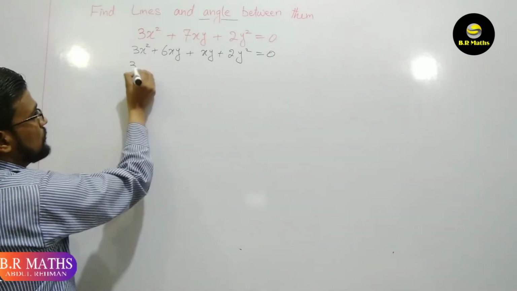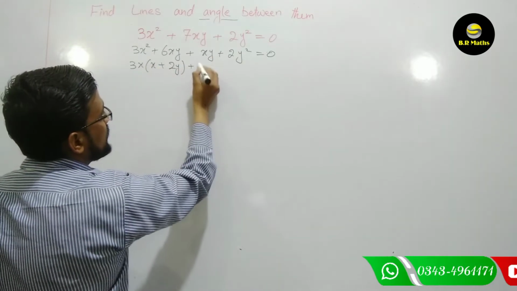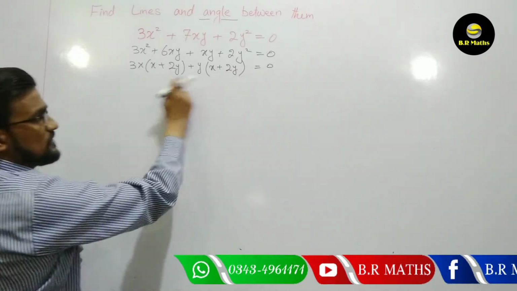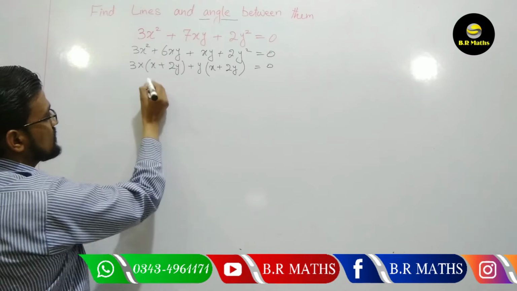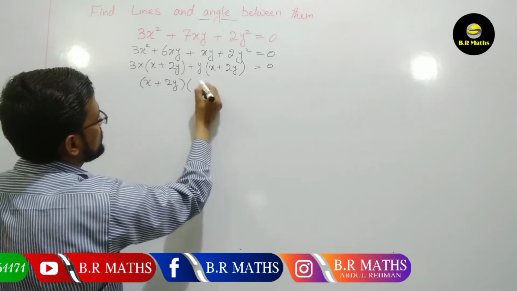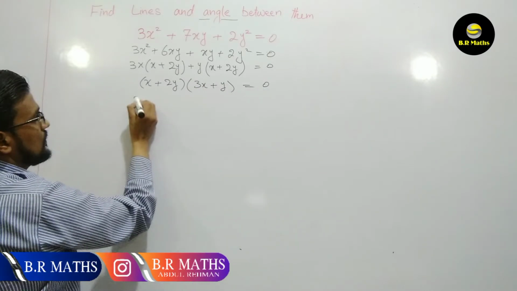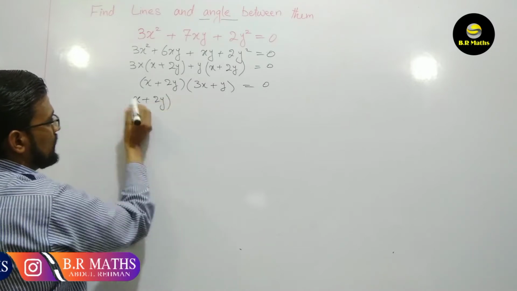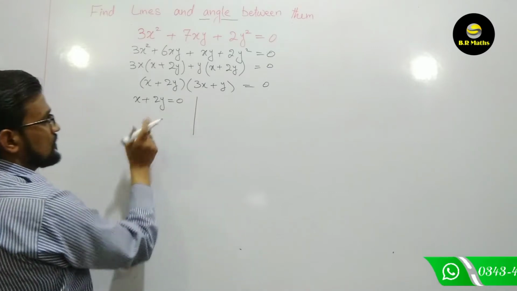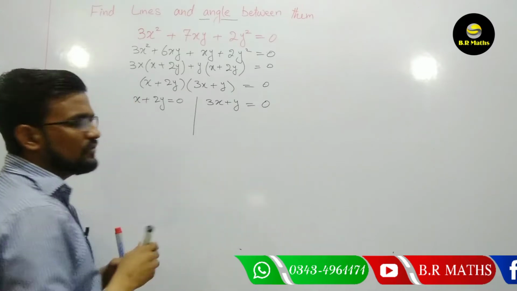So take 3x common: 3x(x plus 2y), and here take y common: y(x plus 2y). x plus 2y, both are the same, and 3x plus y. So x plus 2y equals 0, and 3x plus y equals 0.